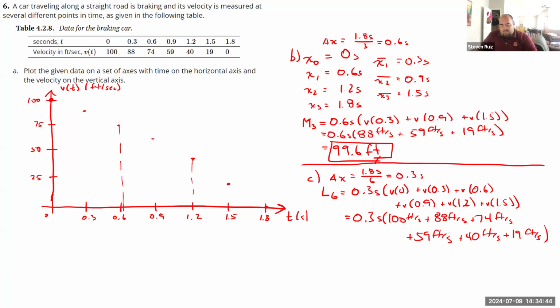So let's get an estimate there. 100 plus 88 plus 74 plus 59 plus 40 plus 19 times 0.3. Okay, I am getting an estimate of 114 feet.